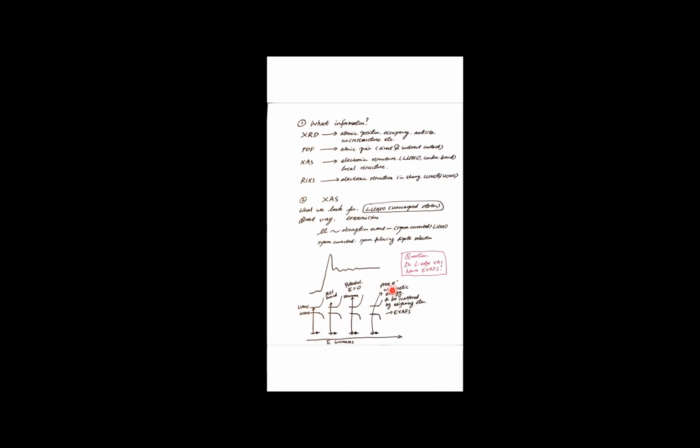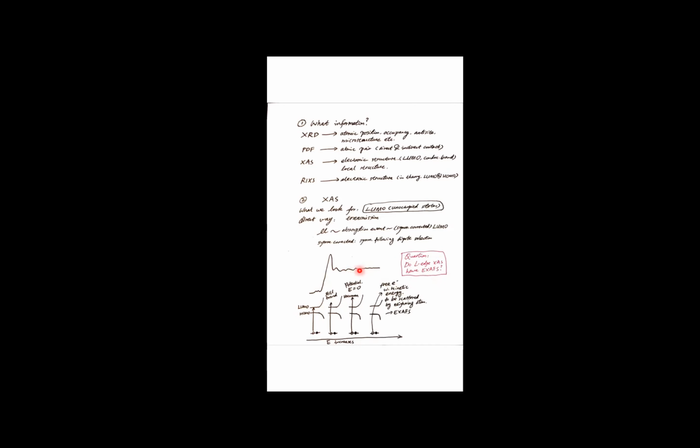So now it's basically a wave propagating out, scattered by the neighboring potentials exerted by the neighboring atoms. Then the waves will come back, interacting with the outgoing waves. So there will be wave oscillations around this absorbing atom, giving rise to the oscillation of the absorption coefficient.